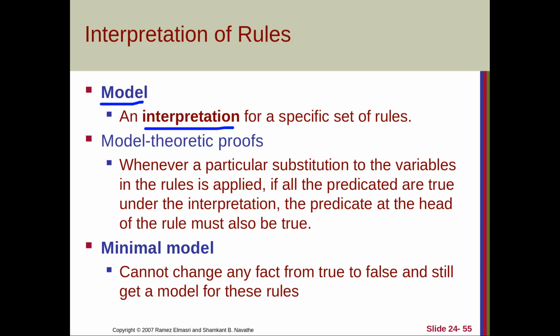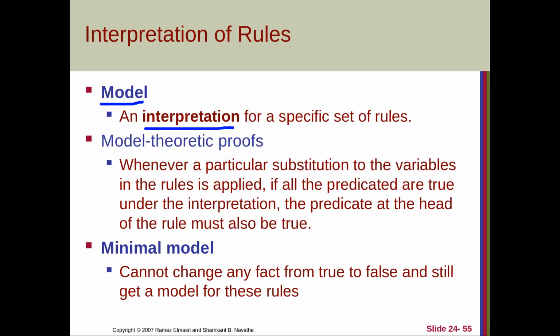In a model theoretic proof, whenever a particular substitution to the variables in the rules is applied, we try all the substitute values with all the available predicates. From there we get a model, whether it is true or false. If all the predicates are true under the interpretation, the predicate at the head of the rule must also be true. If everything is true for all the combinations of values, then the head side will also be true.